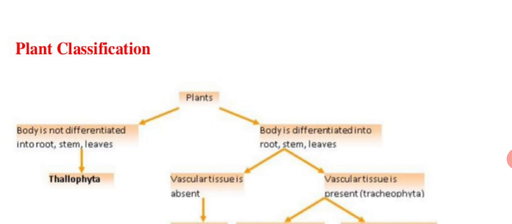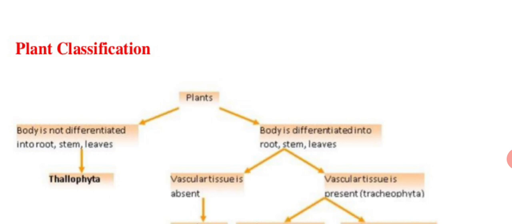In order to categorize plants into different groups and categories, we consider some particular characteristics. Number one, firstly we will see whether a plant has a well differentiated root system, shoot system and leaves or not.